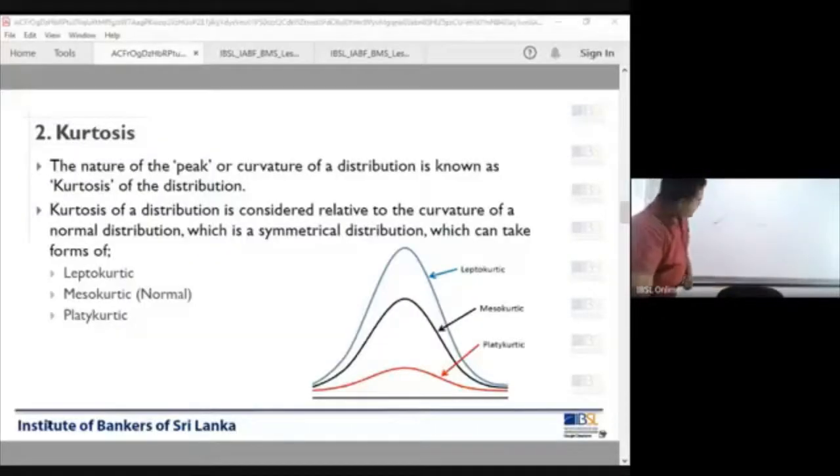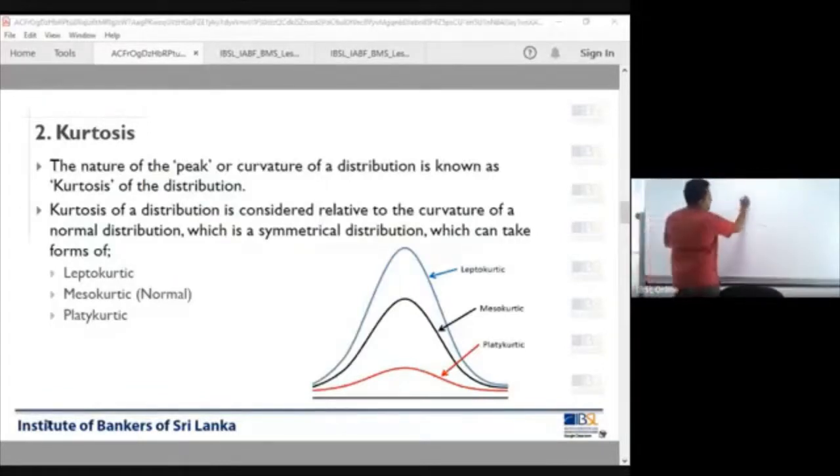So what we were discussing here is that compared to this point being the normal point, you may see the peak will have a flatter nature. This is one aspect that we're going to discuss. If I say this as one, this nature we could earmark as 2. Then the opposite would be, it may have a higher peak.